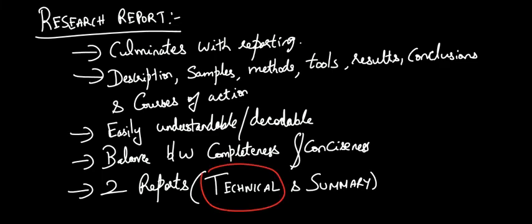A technical report is a report which contains the methods and the underlying assumptions, whereas a summary report summarizes the findings, the process and also the conclusions as simply as possible. The summary report will not contain the entire reporting. The entire reporting will be only in the technical report. Once you go through the summary report, if you want more details, you can go to the technical report to get those details as applicable to the researcher.